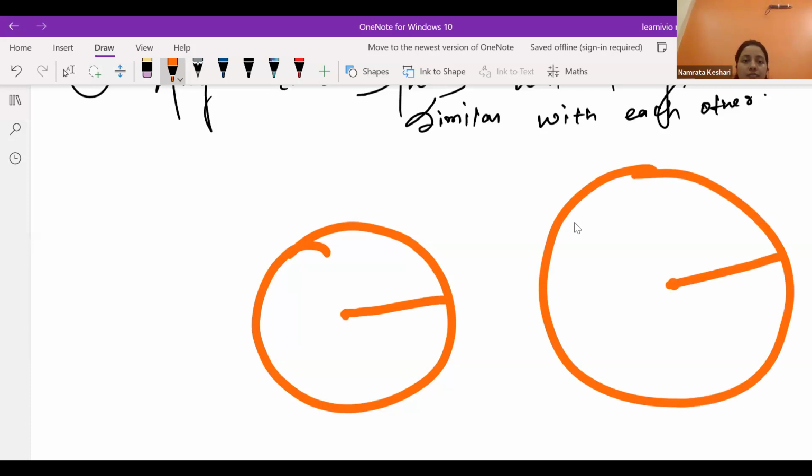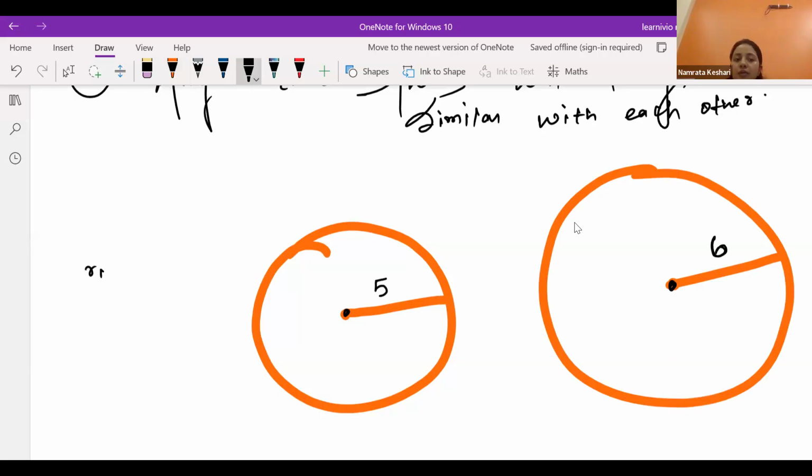right? Yes, ma'am. So here suppose I am saying the radius is 5 and here I am saying the radius is 6. Now you will try checking whether the ratios are maintained properly or not. So you don't have any other ratio with which you can compare. Are you getting?